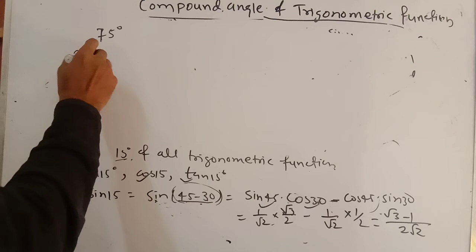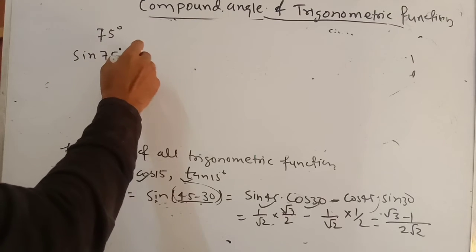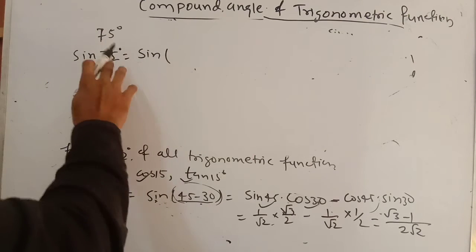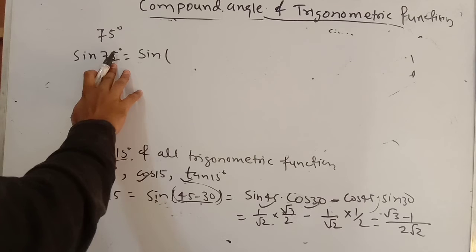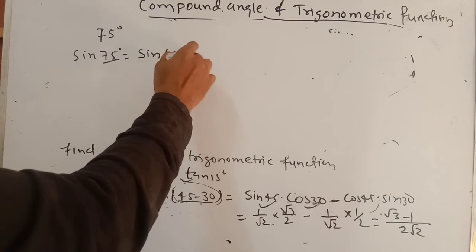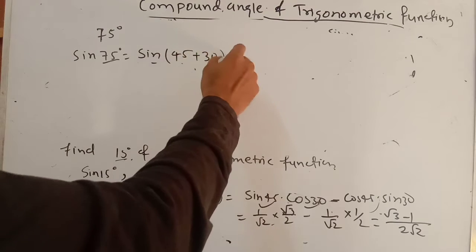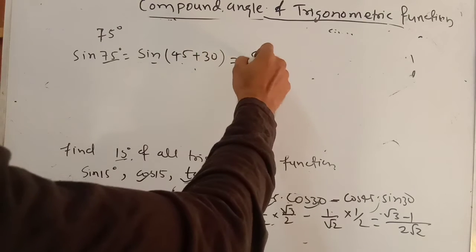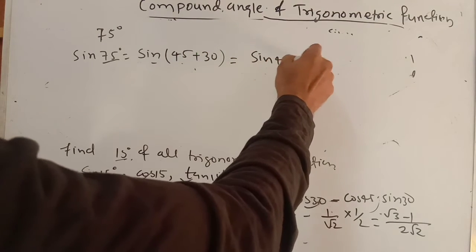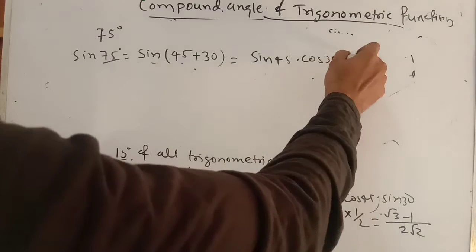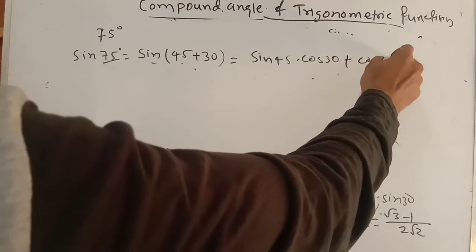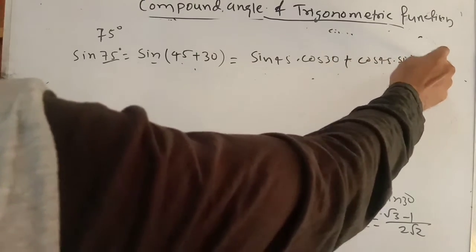Say sine 75, you can write 45 plus 30, so it will become 75. So again you can break sine 45 plus 30, so sine 45 into cos 30, similarly plus cos 45 into sine 30.